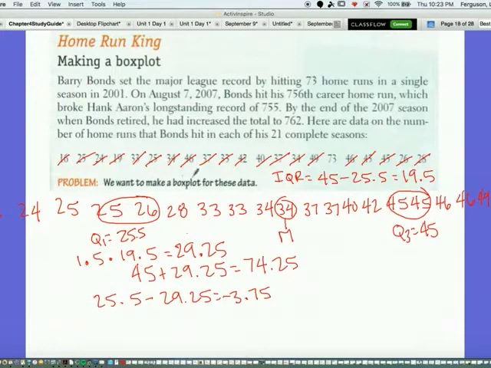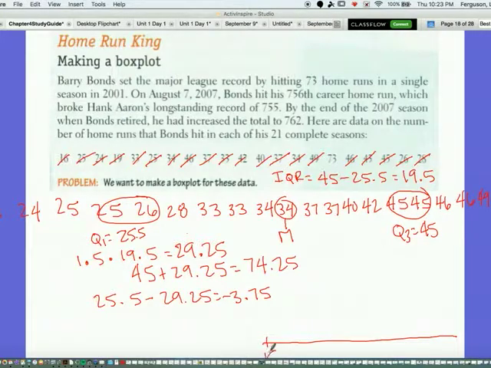Okay, so I've done my 5-number summary, and I've checked for any outliers. Now I'm going to make my box and whisker plot, or my box plot. The way that I do that is I'm going to draw a number line. Hey, look at my straight line. And I'm going to label it.